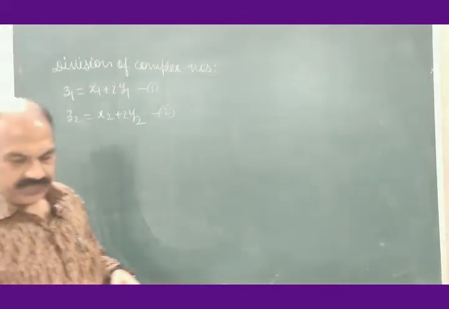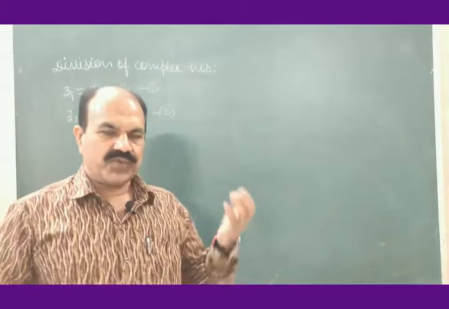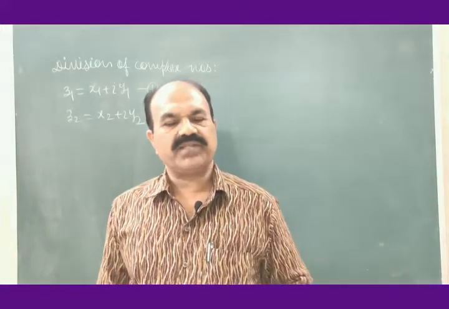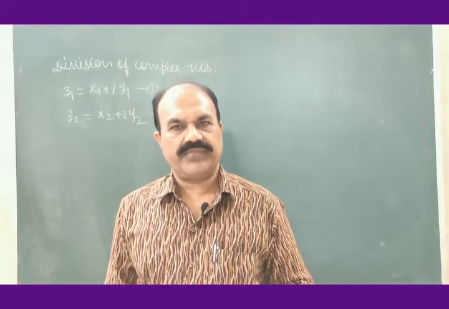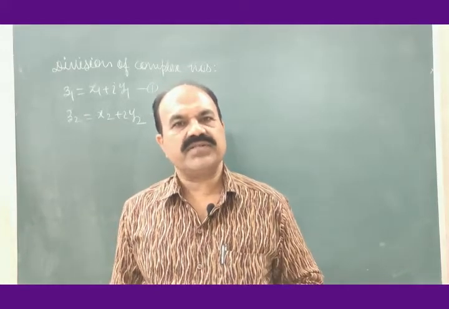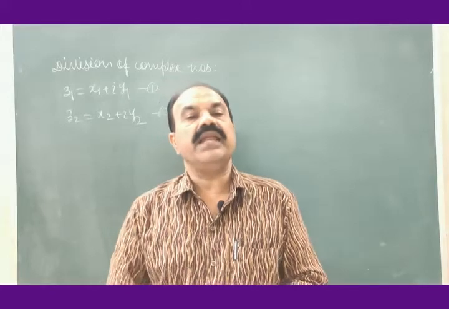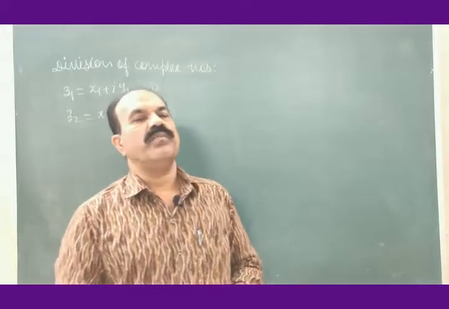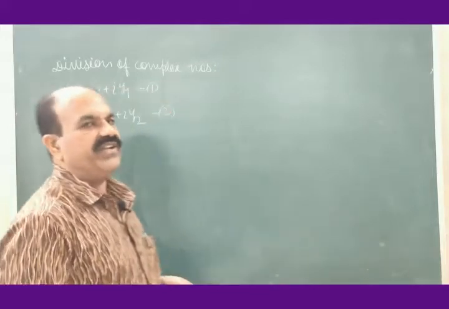As we know, addition of two complex numbers is a complex number, subtraction of two complex numbers is a complex number, and multiplication of two complex numbers is also a complex number. Similarly, division or quotient of two complex numbers is also a complex number that we have to find here.